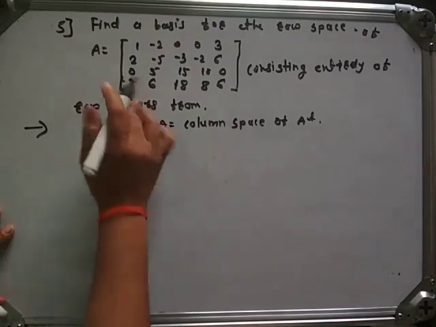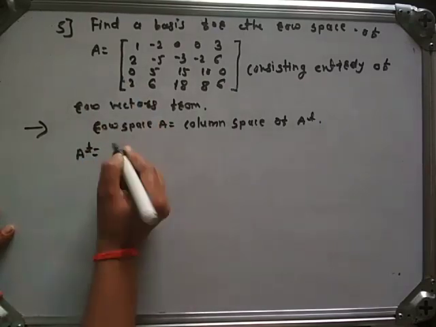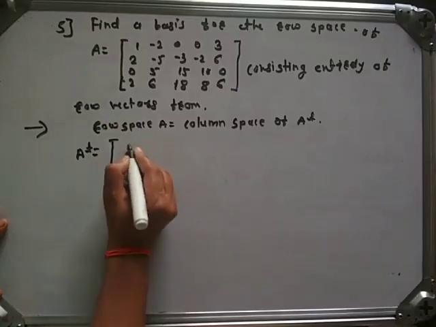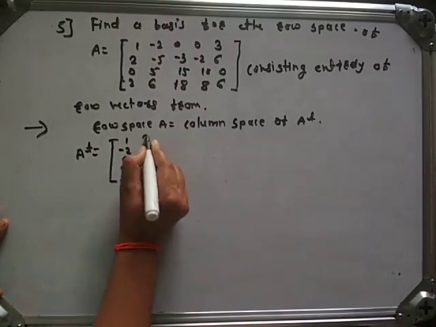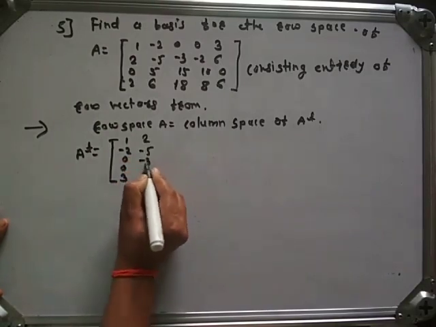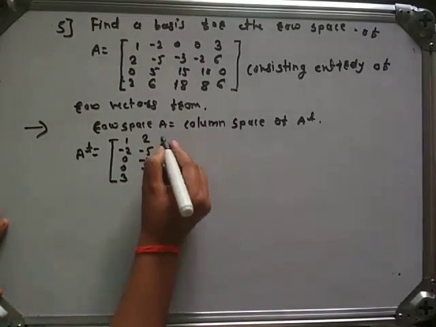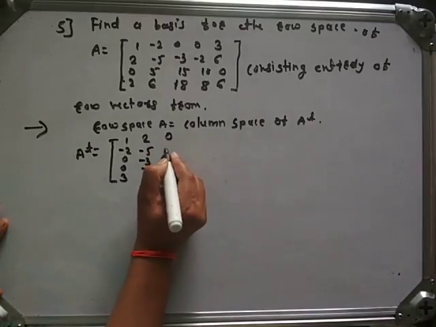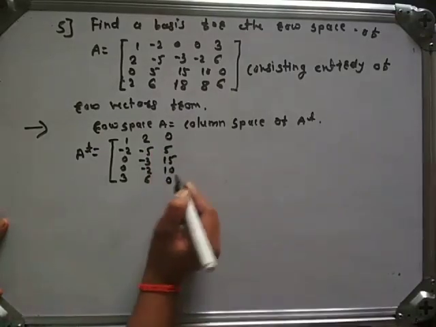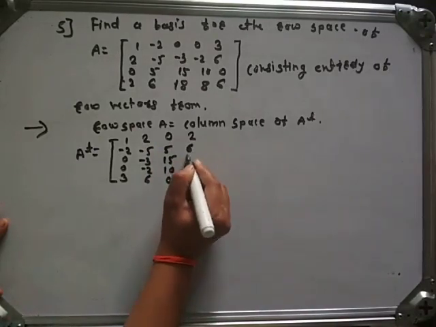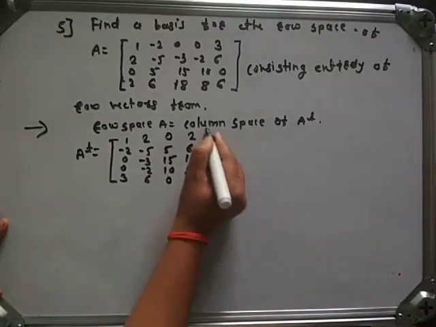Transposing A, we get 1, minus 2, 0, 0, 3; 2, minus 5, minus 3, minus 2, 6; 0, 5, 15, 10, 0; 2, 6, 18, 8, 6.